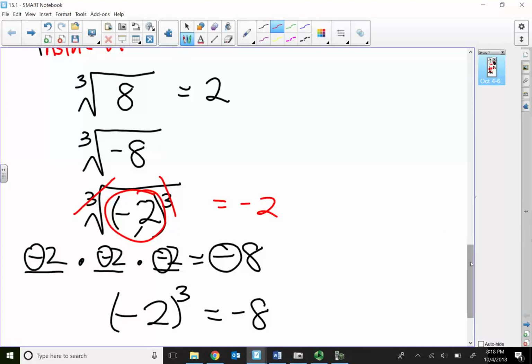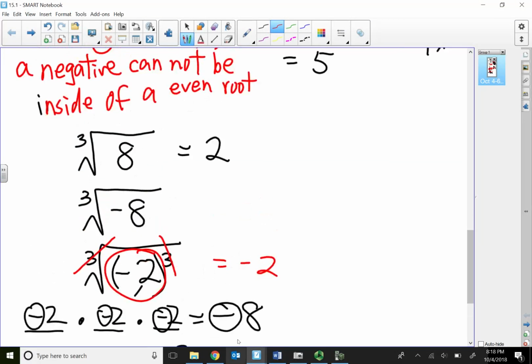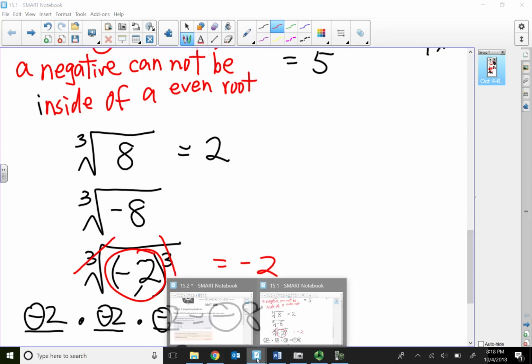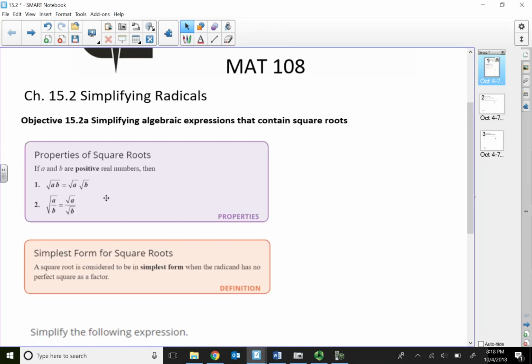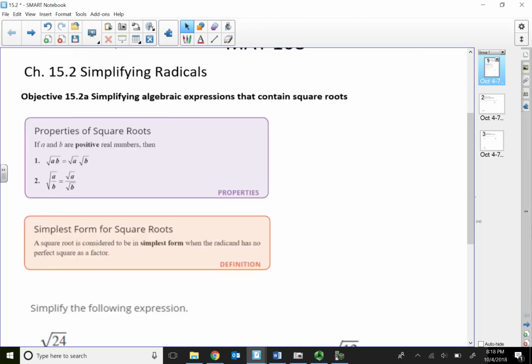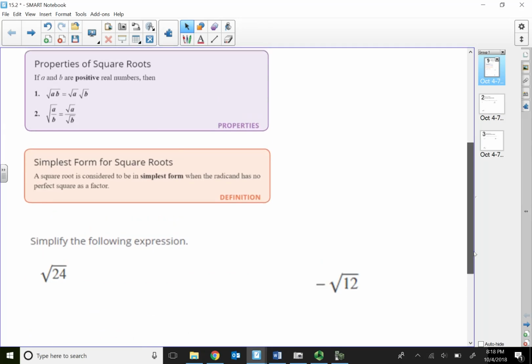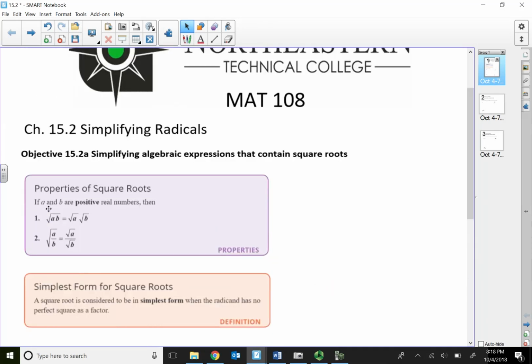All right, we spent a lot of time talking about that, so it can quickly help us simplify our radicals. I've got two new rules right here on the side. Now I'm going to explain, and then I will use some of the same concepts we explained last time. Let's say A and B are positive.